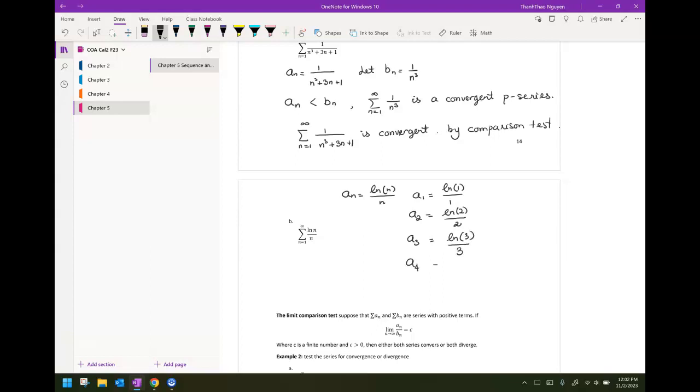A sub 4 equals ln of 4 over 4. A sub 5 equals ln of 5 over 5. So here I have ln of n over n. I want to compare this with b sub n, that is 1 over n.